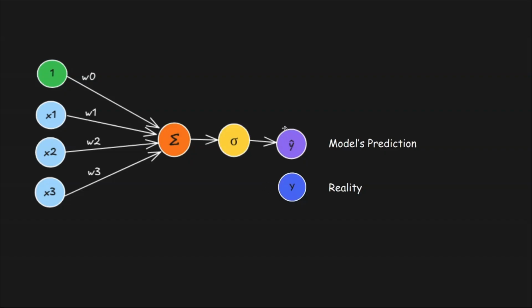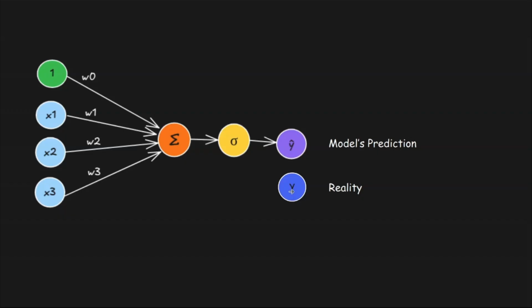Now to do this we have to first find out how off we are from the reality, right? So we need to find out how much we need to adjust these weights such that whatever output we get after this operation of the forward pass is closer to the reality, which is the value of y.